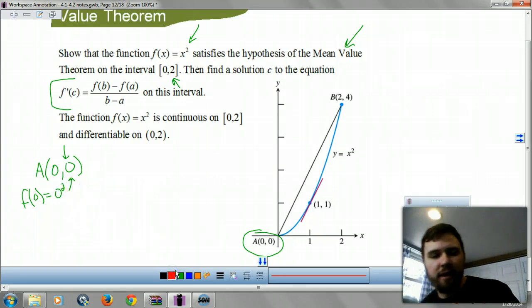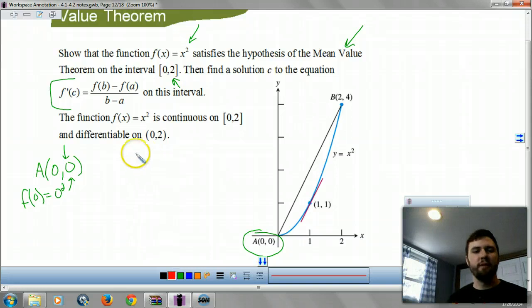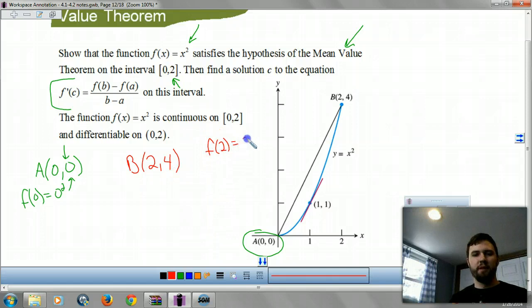And our point B is 2, 4, because f of 2 is 2 squared, which is 4. Now what we have to find is this. This is my f of b, and this was my f of a.